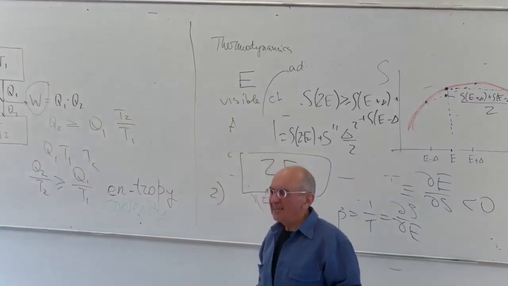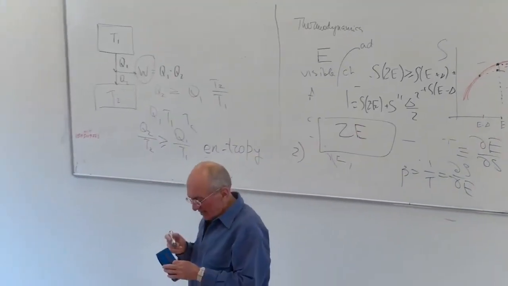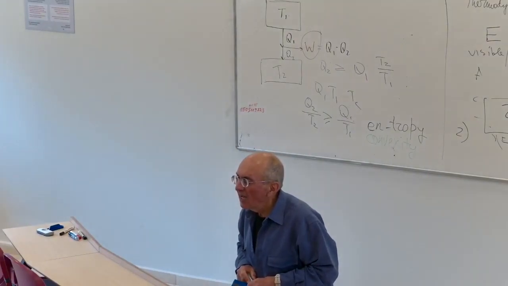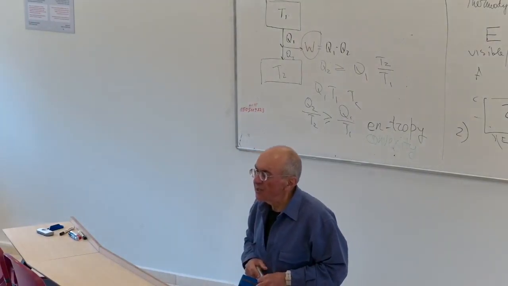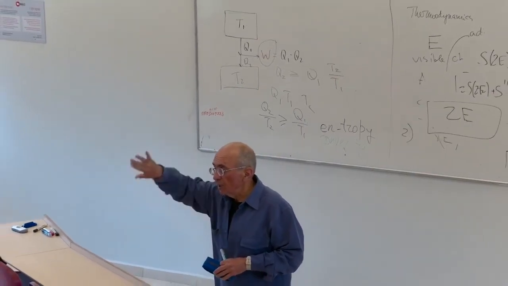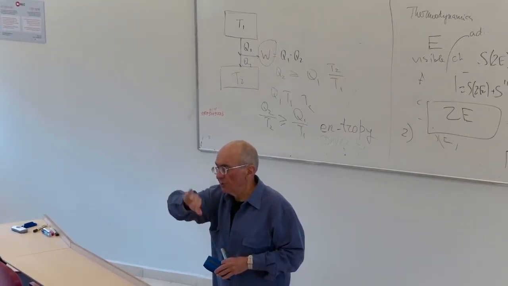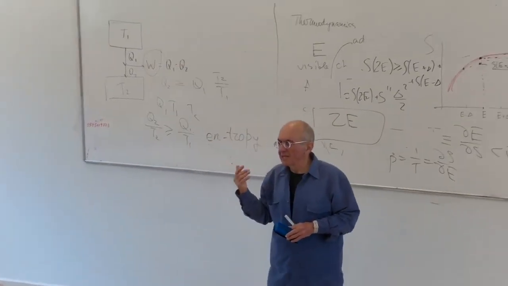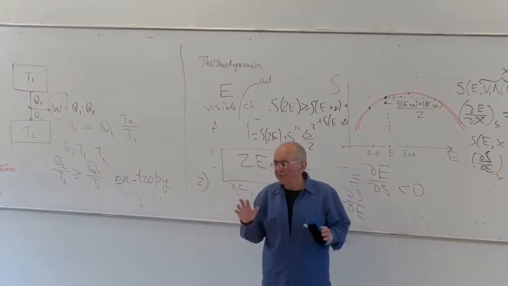So did you say now that the graph of S as a function of E cannot be concave, must be convex? Yes. As long as I treat my entropy as a positive quantity, it couldn't be like this. Only like this. It's really important. And a little bit later, we'll get some freedom with that name.